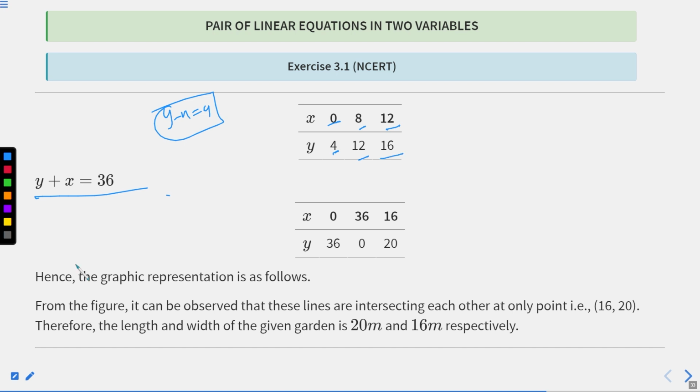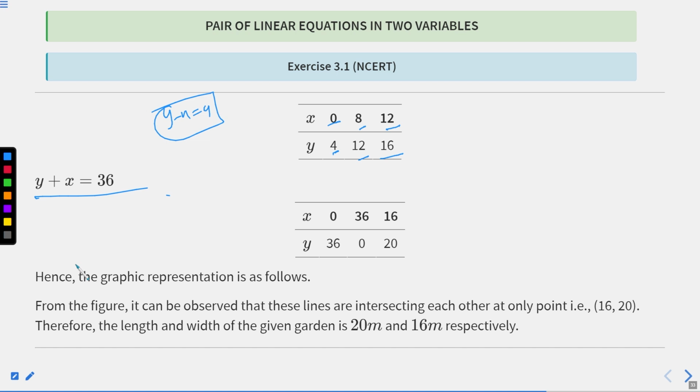Now we can plot all these points and we get a line. For the equation y plus x equal to 36, when x is 0, y is 36. When x is 36, y is 0, and when x is 16, the value of y is 20.